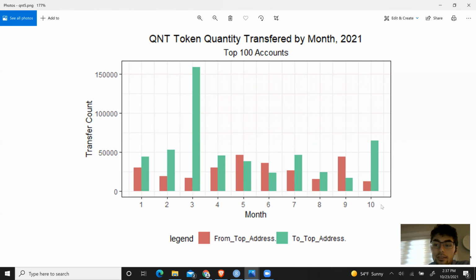But if we see this in October, there's a ton of volume for the top 100 coming in, and there's barely any leaving, which means there's a couple massive buys that must have happened within the current top 100 accounts to shoot those to where they are right now.